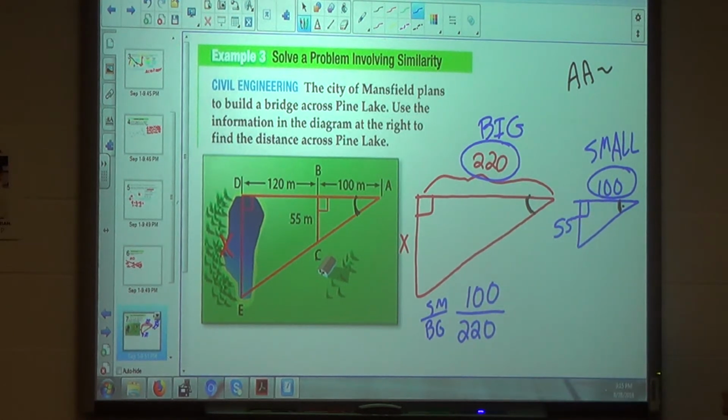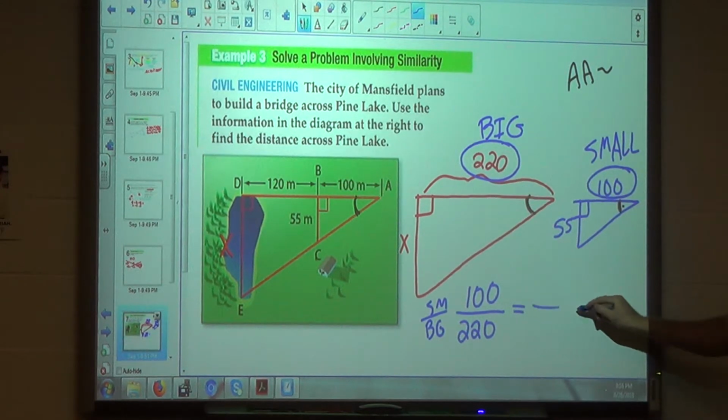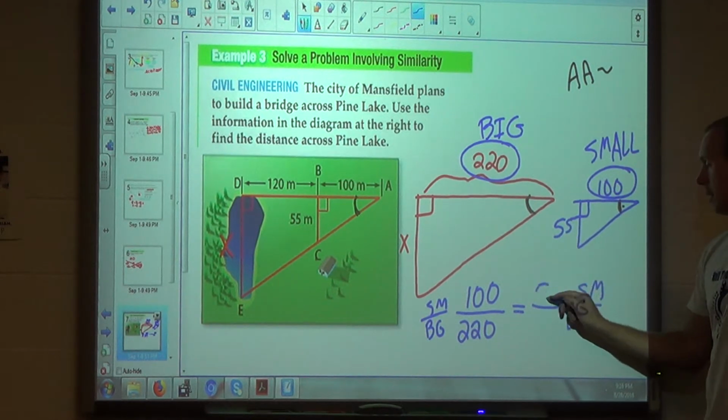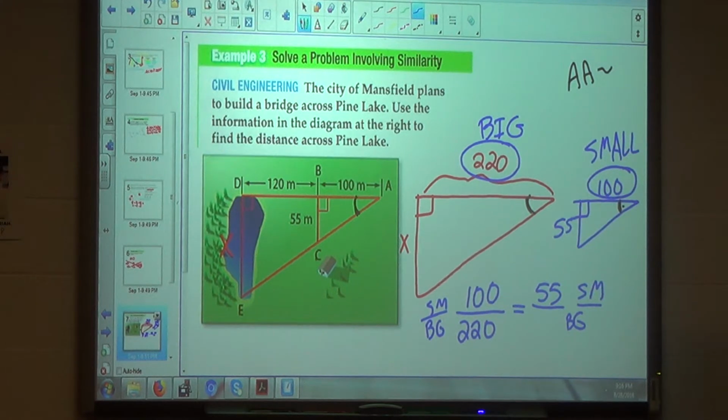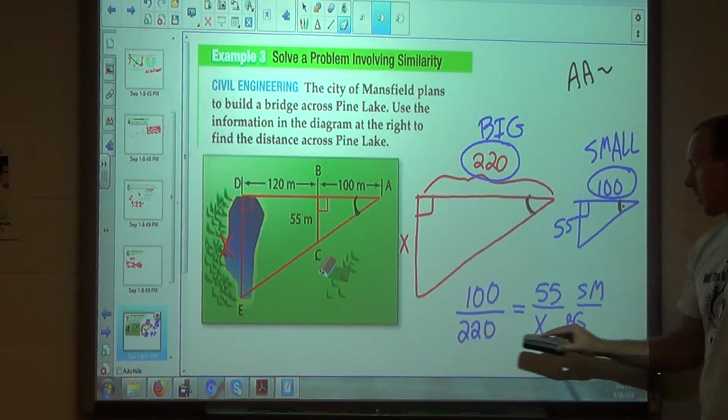So small over big here equals, I gotta do the same ratio. So if I went small over big here, what do I have to start with on the top of my fraction on the other side? Small over big, so the small side of this guy here would be 55. And what does the 55 match up to? The x. Okay, so now I got small over big and small over big.